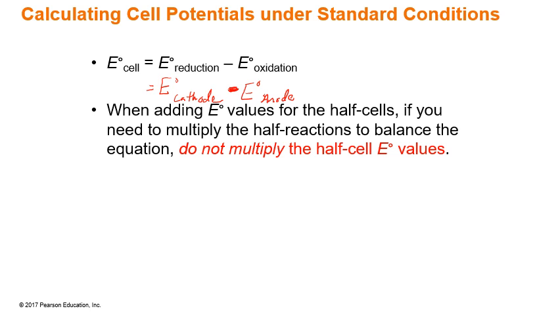Even if we multiply the reaction to get our electrons to balance, the half cell values are standardized, and so we do not multiply those values. This is why large batteries give you the same voltages as small batteries. So if you have a 1.5 volt AA, it is the same voltage, 1.5 volts, as a AAA because it is not an extensive property.